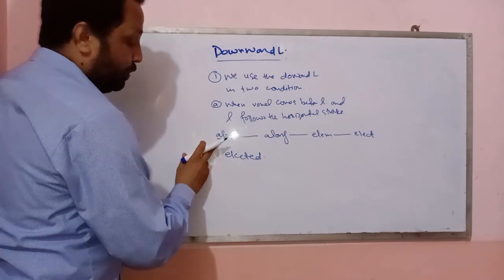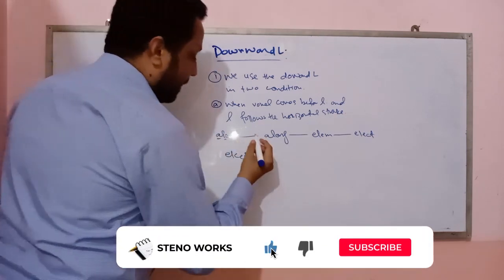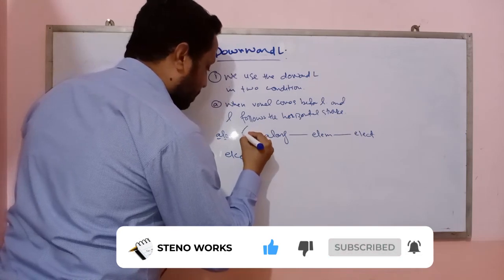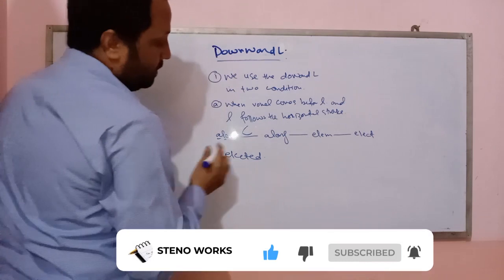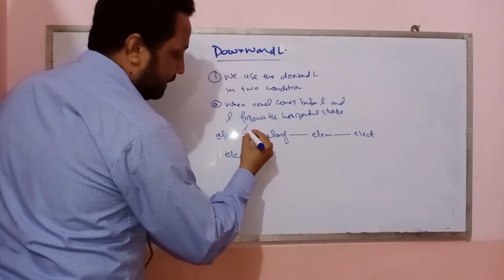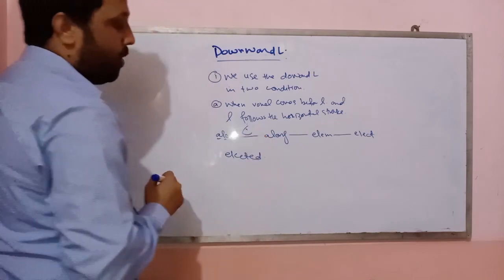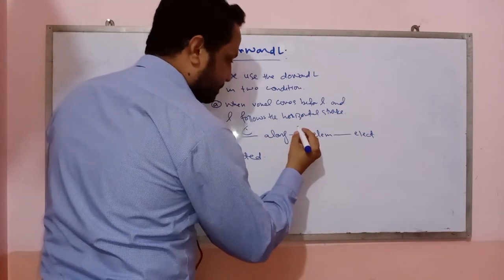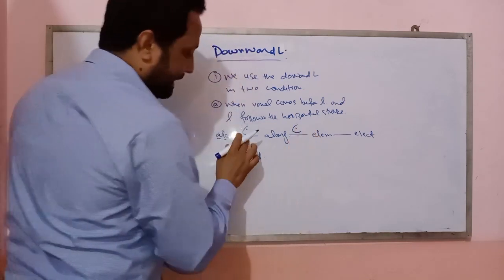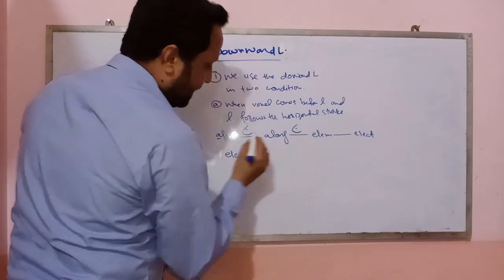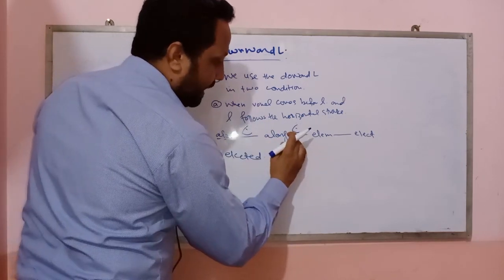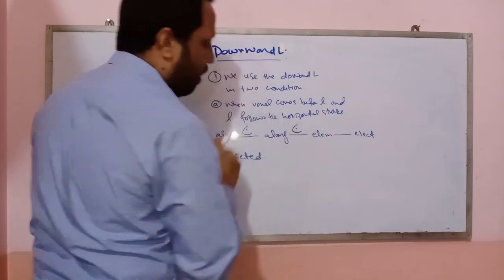Due to this, we use the downward form. Alone: L, A, L, then O and N. Along: N is the light sound, and ing is the heavy stroke.